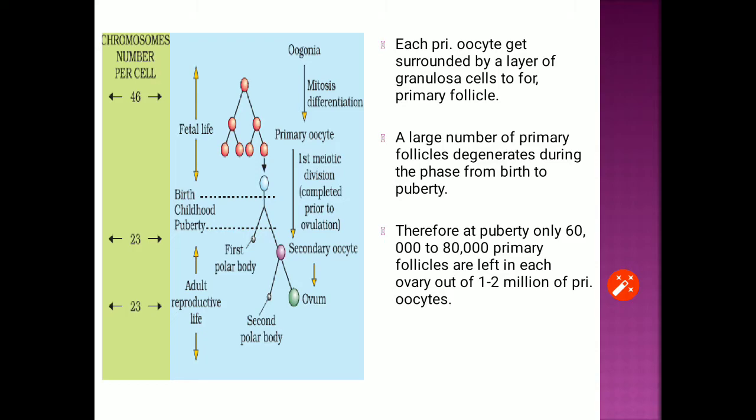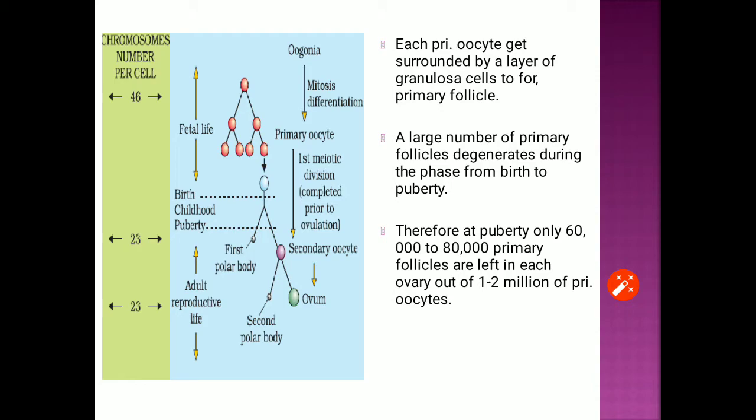Then the primary oocyte undergoes first meiotic division, which occurs at puberty, and in one month only one primary oocyte undergoes further development and at one time only one ovary functions. That means in one month one ovary will form the ovum and in the next month the other ovary will form the ovum after the female child attains puberty.